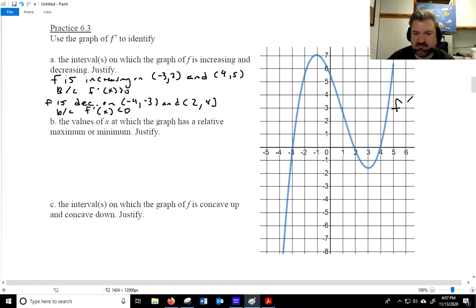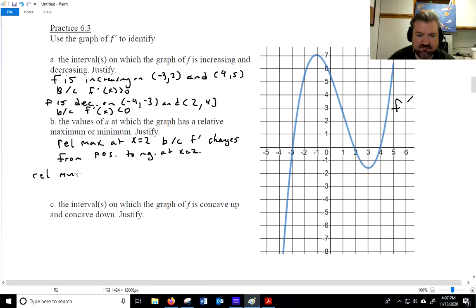All right, the values of x at which the graph has a relative maximum or a relative minimum. Well, we know we have a relative max at x equals 2 because f prime changes from positive to negative at x equals 2.